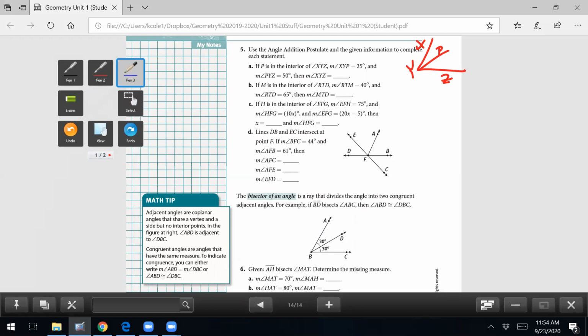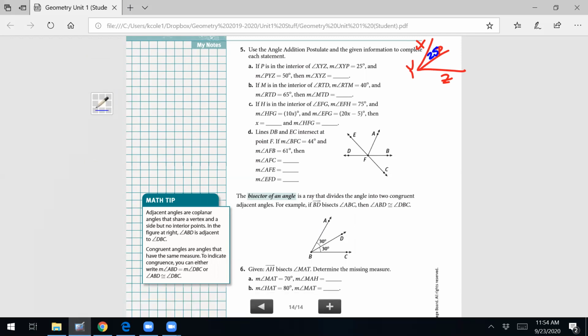So angle XYP is 25, and the measure of angle PYZ is 50. What they want to know is what is the measure of angle XYZ? 75 degrees, because you take your little plus your little and it gives you the big.